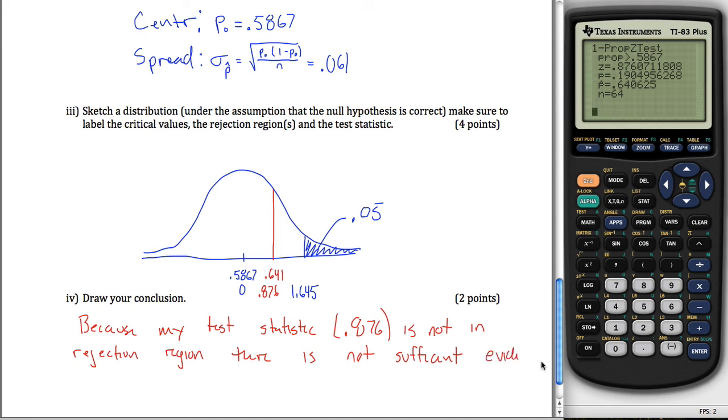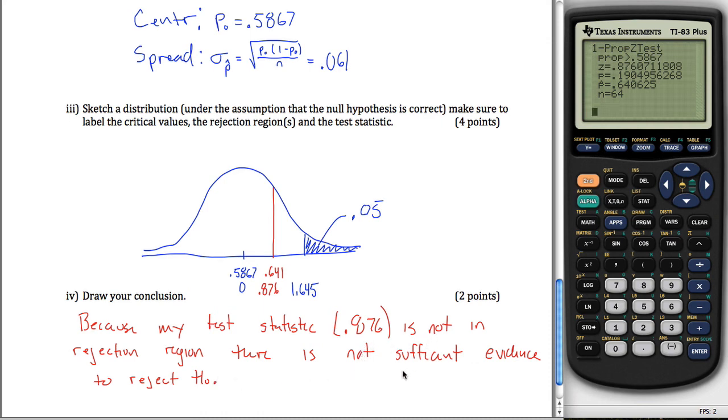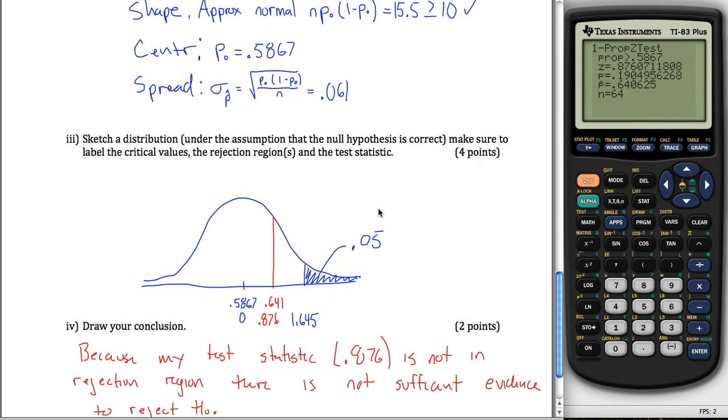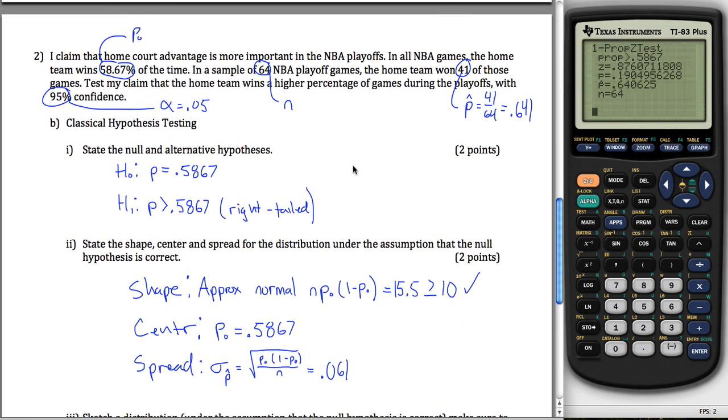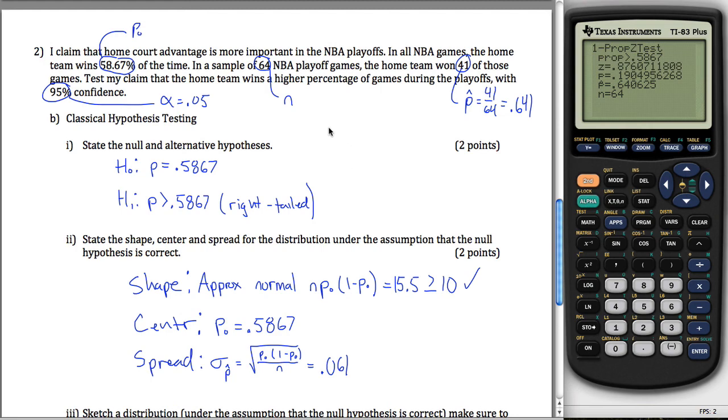This is hard to write while you're waiting for it to write. There is not sufficient evidence to reject the null hypothesis. Good enough. So I'm not saying the null hypothesis is correct. I'm just saying there's not enough evidence to conclude that it's incorrect. That's my conclusion. There's my picture. That's the end of this classical hypothesis testing, and so it's the end of this quiz.